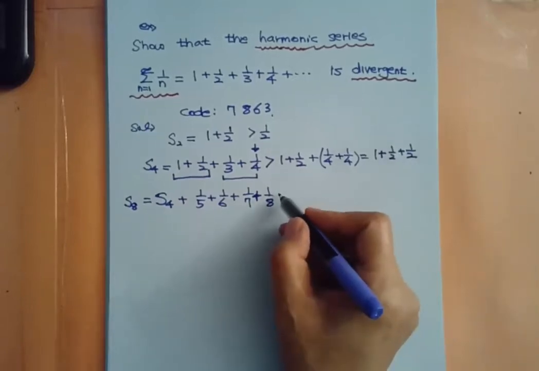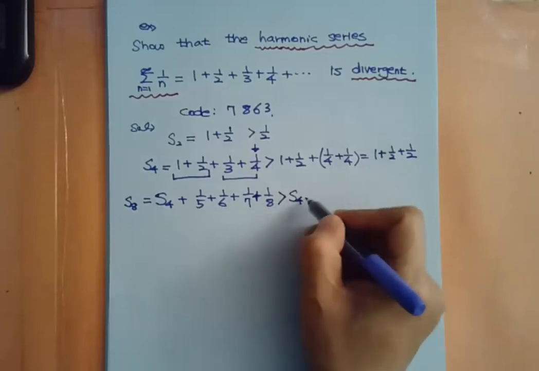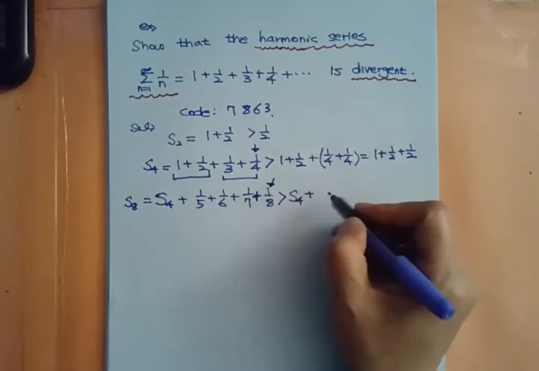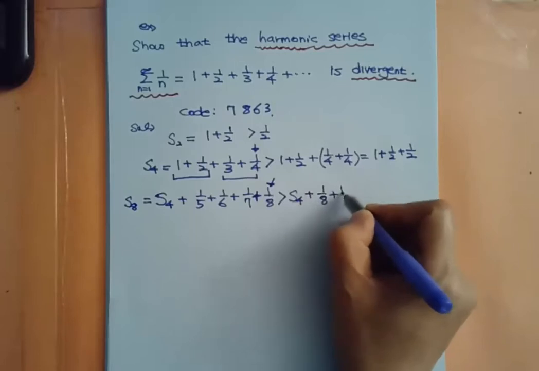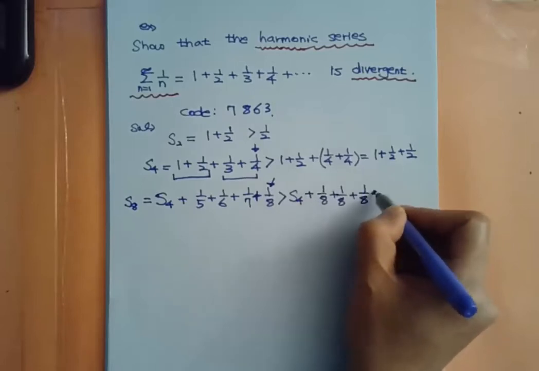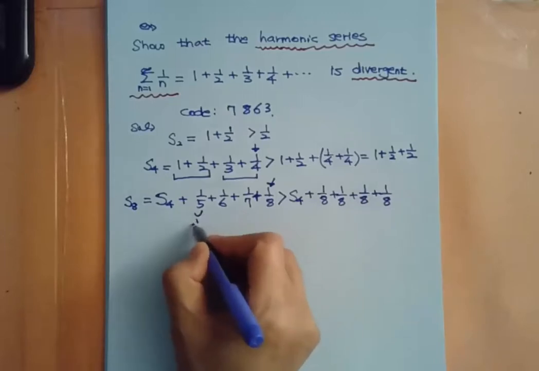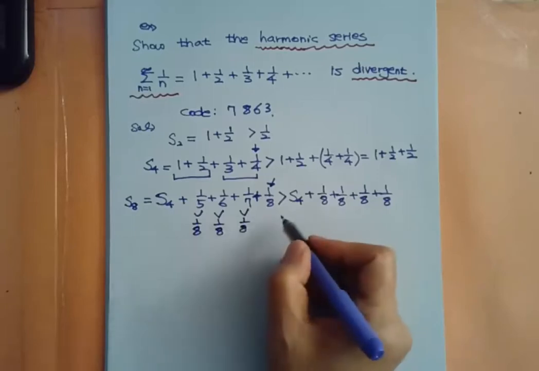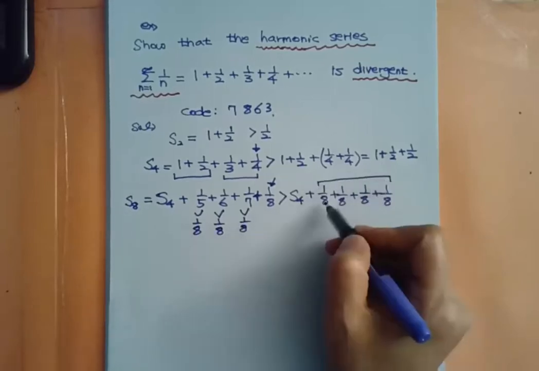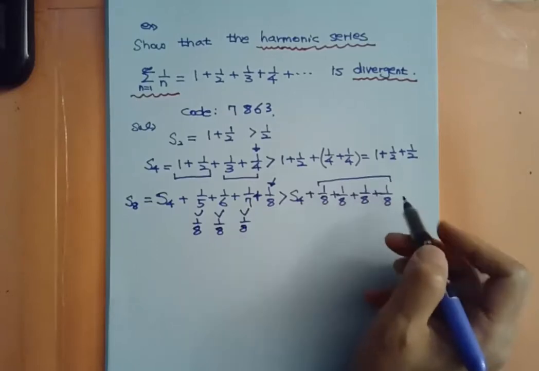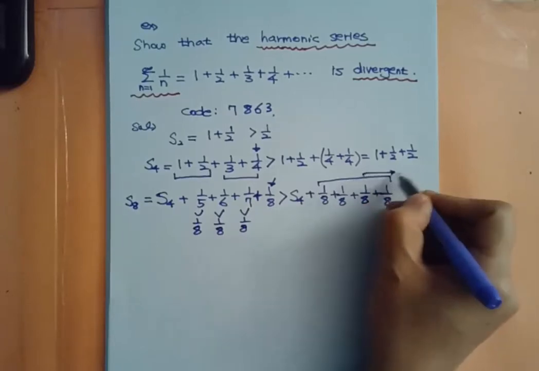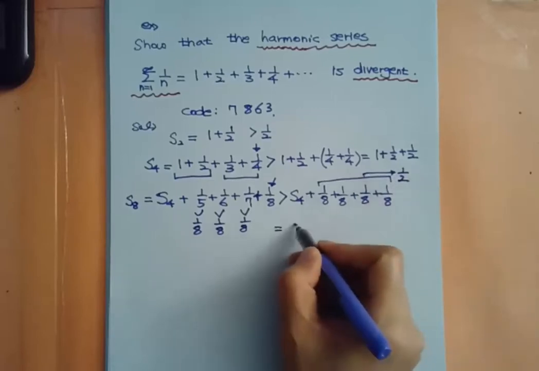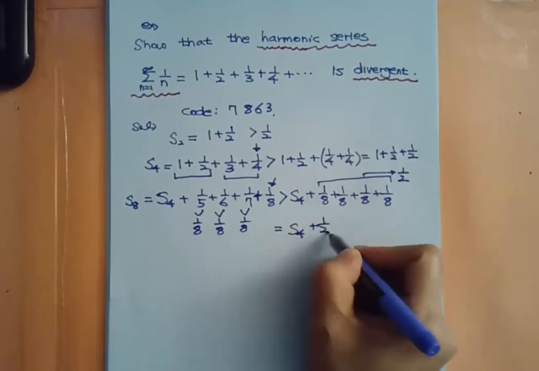And S8 will be S4 plus, again taking the smallest one, 1/8 plus 1/8 plus 1/8 plus 1/8, because all of them are greater than 1/8. What will happen is that we are adding half, so this part becomes 1/2 when we add them up. So that equals S4 plus 1/2.